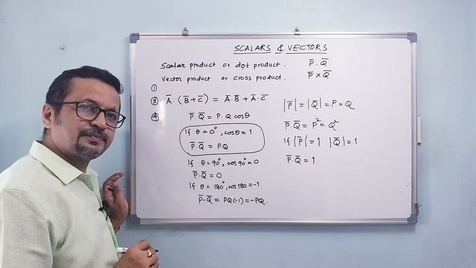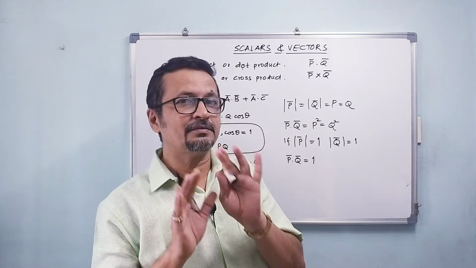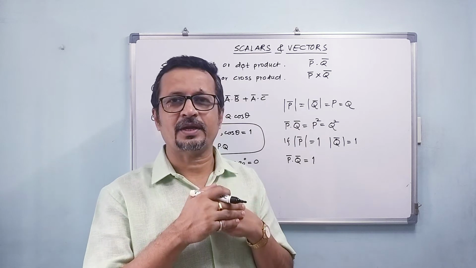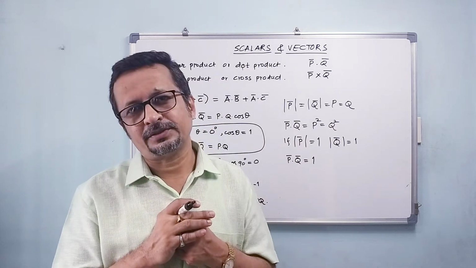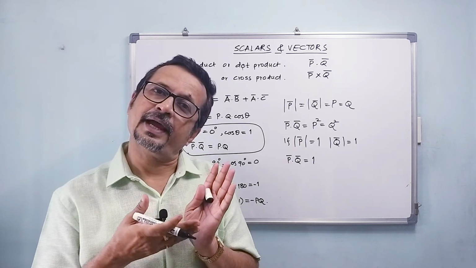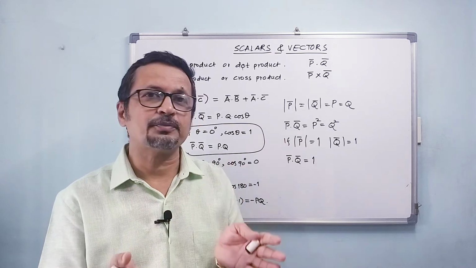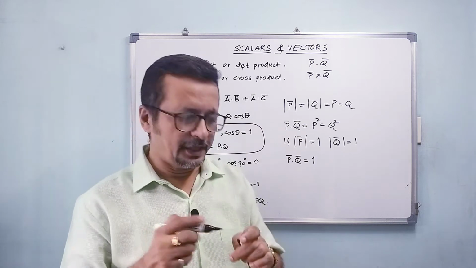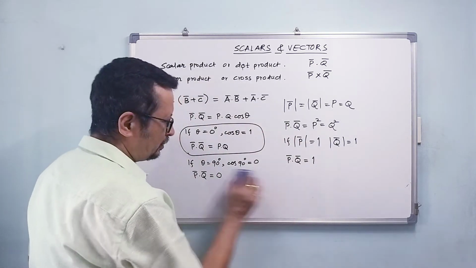Here we have both vectors acting in the same direction. But again, if I have two unit vectors acting perpendicular to each other, then their dot product would be equal to 0. Now let me explain this in a little more detail.